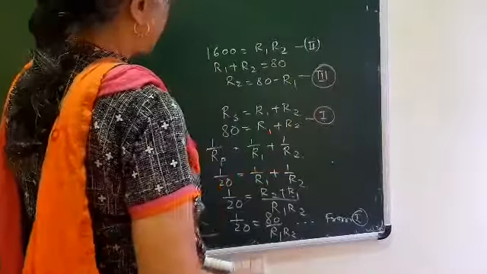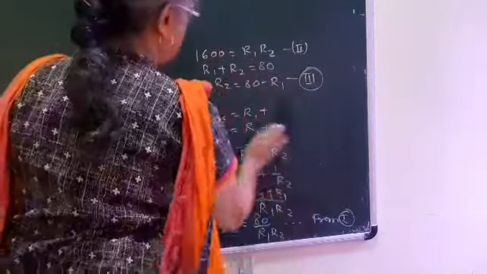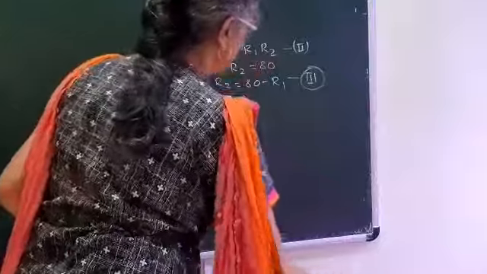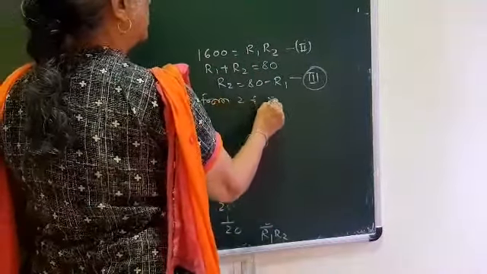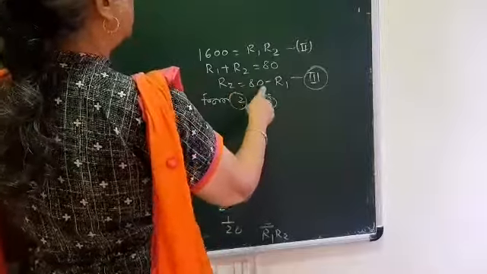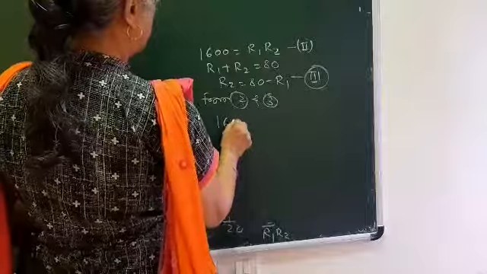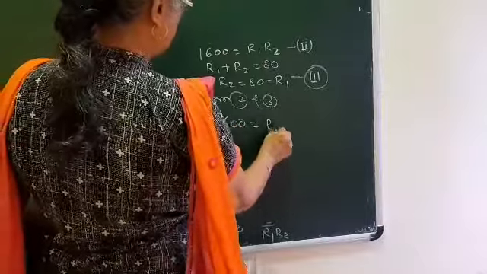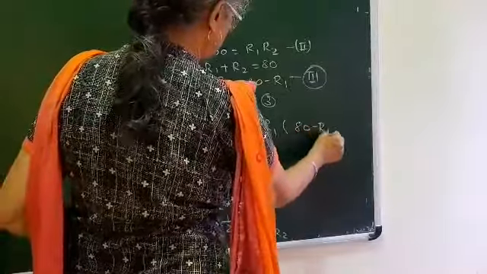From 2 and 3, we will put the value of 3 in 2. So 1600 is equal to R1 into R2, we will put the value 80 minus R1.